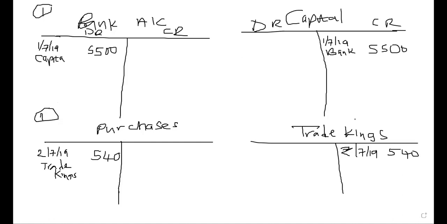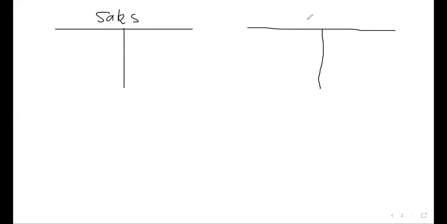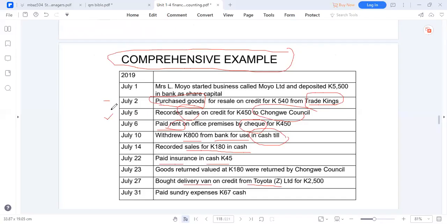The other one is what? On the 5th, recorded sales of 450 to Chongwe Council. So sales account, sales, and you have Chongwe. How much was it? 450.